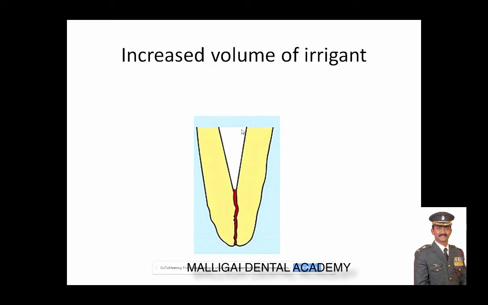But once you create this funnel shape, the entire funnel is full of irrigant at all times that you're working in the root canal. And every time you work any rotary file into this shape, which is filled with the irrigant, you pump the irrigant into the complex apical third and clean it in 3 dimensions.